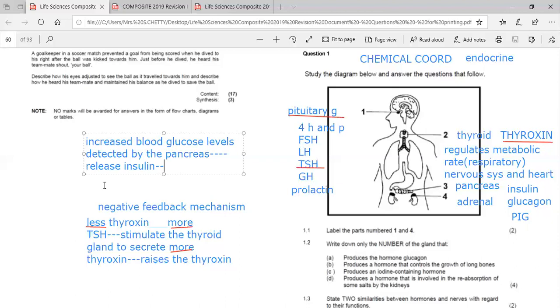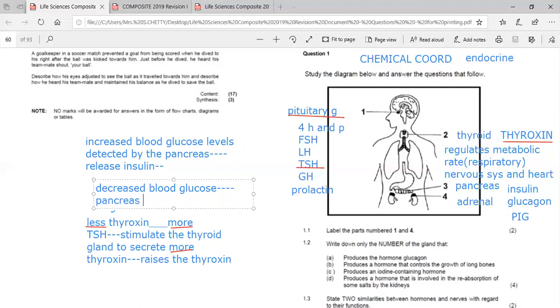So, my darlings, what would happen if you have decreased blood glucose levels? You should know this by now. Decreased blood glucose levels, of course, that would be once again detected by your pancreas. I'm not going to repeat that. And in essence, what is the pancreas going to release into the blood? You're going to tell me while I'm doing my fantastic typing? Into the blood it is going to release glucagon.